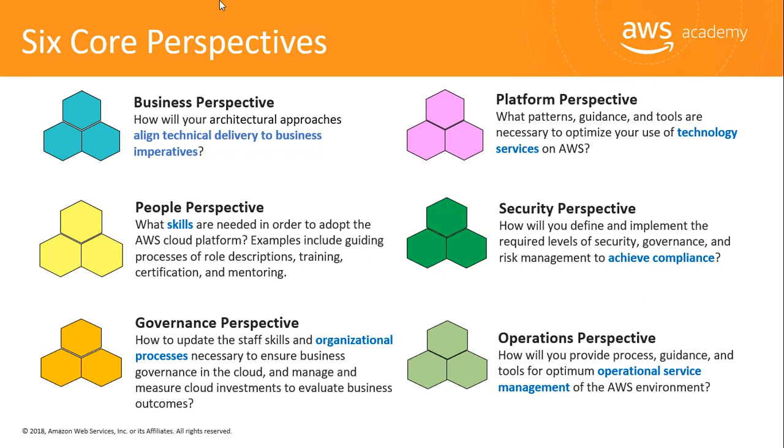So business perspective: for example, if you are using Amazon Web Services, how does your architecture approach align technical delivery to the business? AWS will give me the proper business, whether all the things required for me are available or not. For example, if you want to buy groceries, you will choose a place where you know all these groceries will be available.